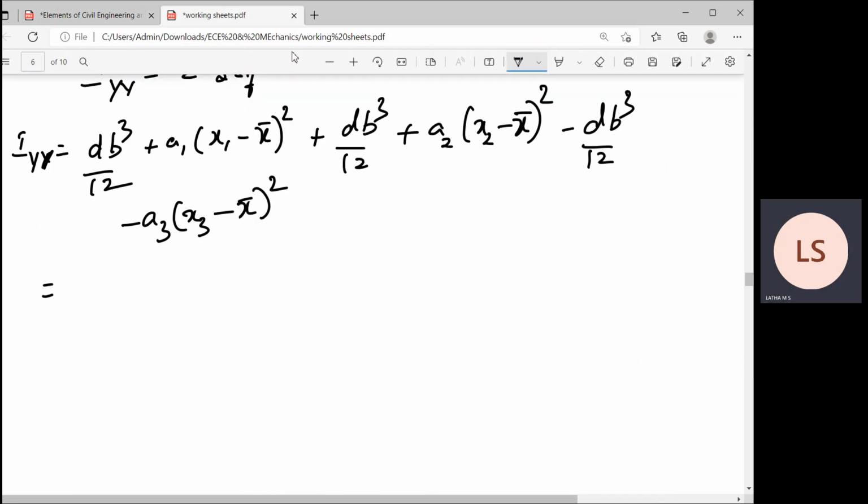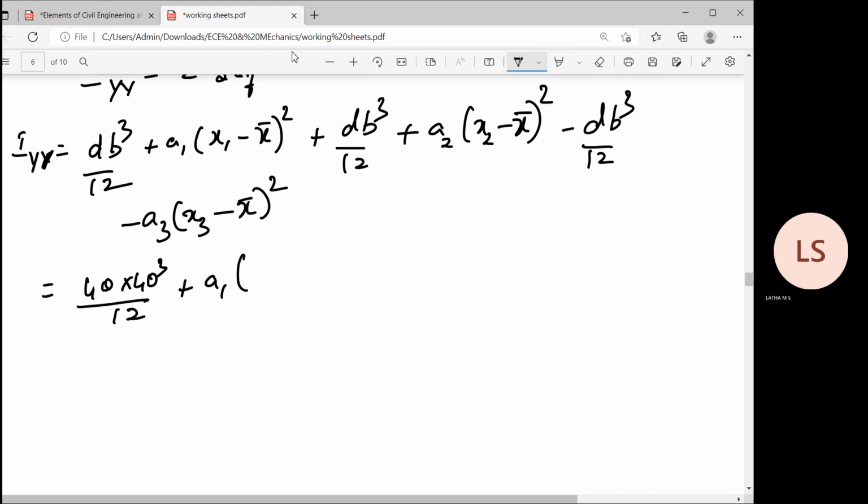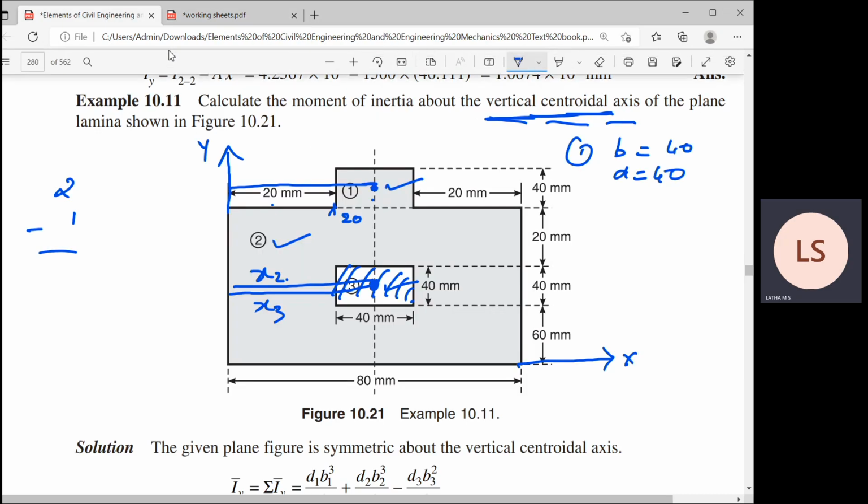So I substitute 40 into 40 cube by 12 plus A1, x1 is 40, x bar is also 40, so this term goes to 0. For the second element, B is 80, the horizontal width, and D is equal to 120.